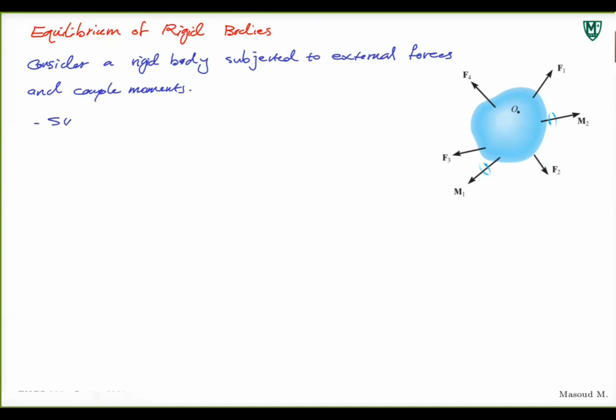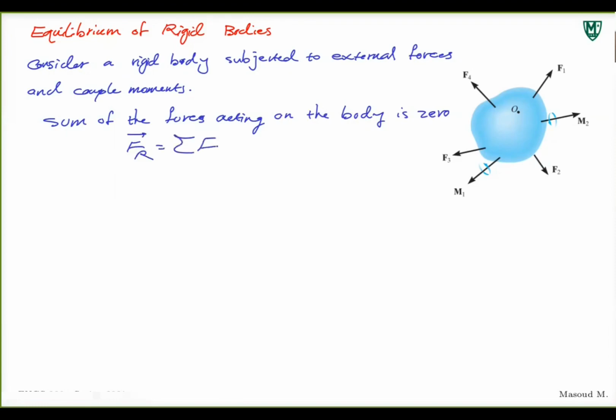The sum of the forces acting on the body, which is basically the resultant force we were calculating before, is zero. Meaning the resultant force we calculated before, which was the vector sum of all the forces, should be zero. This comes from Newton's first law.